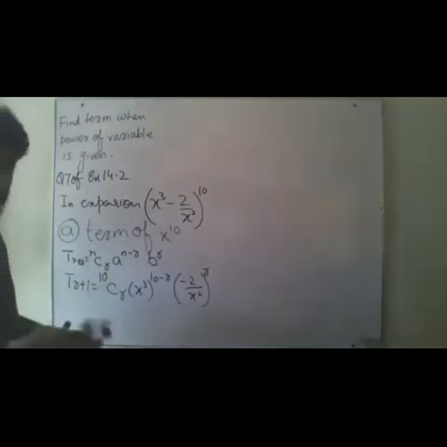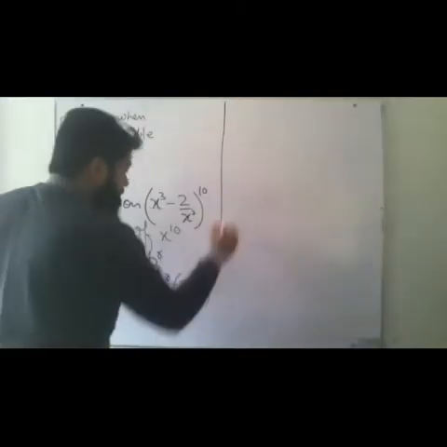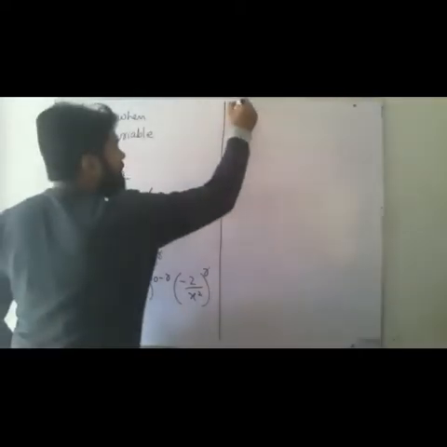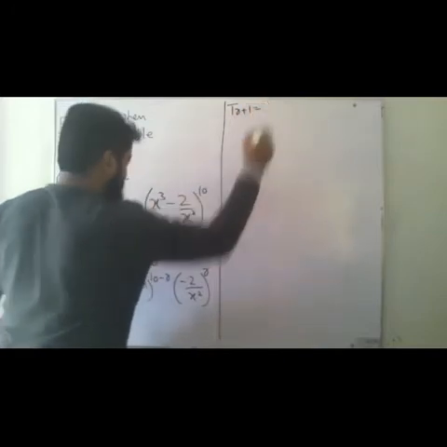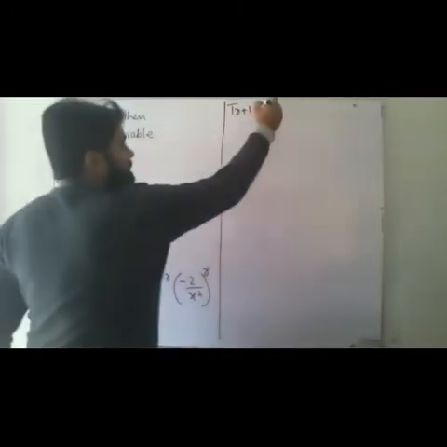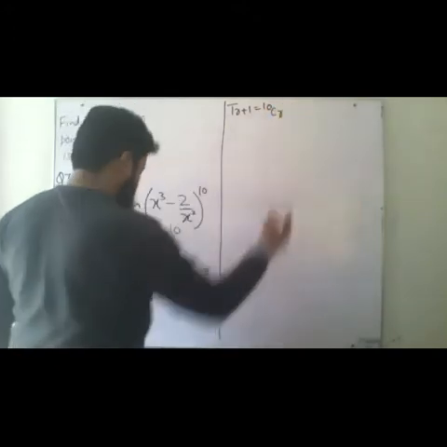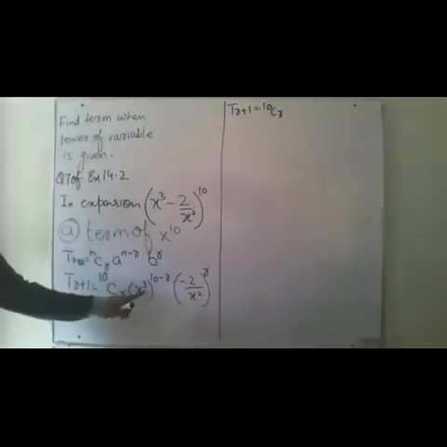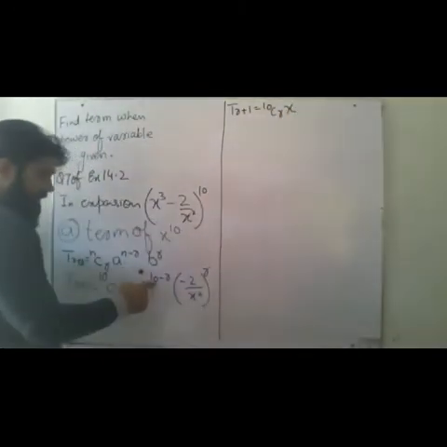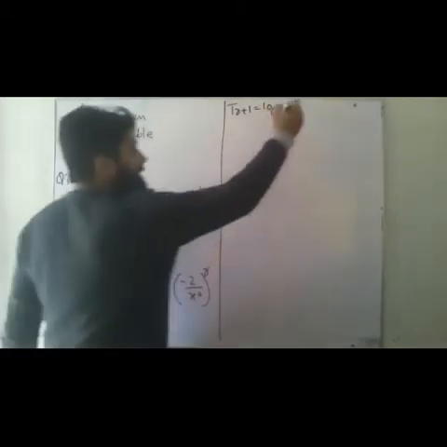Okay. What will I do next? I can't solve this one, T r plus 1. I can't solve this thing, 10Cr. Now, power can be multiplied by power. So what will that become? x, 3 multiplied by 10, 3 multiplied by this.